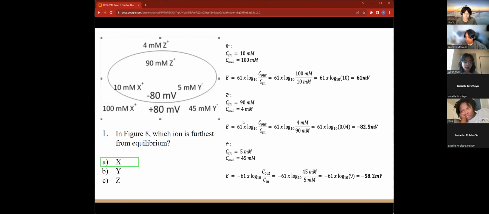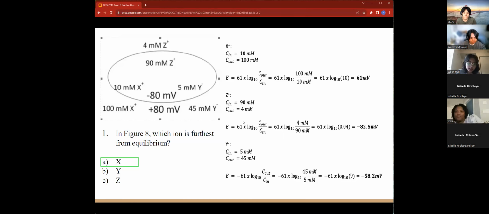Don't look at +80, look at -80. Z plus and Y minus both have Nernst potentials pretty close to -80, and X is the farthest from -80. So in this case, X would be the ion that's the farthest from equilibrium.